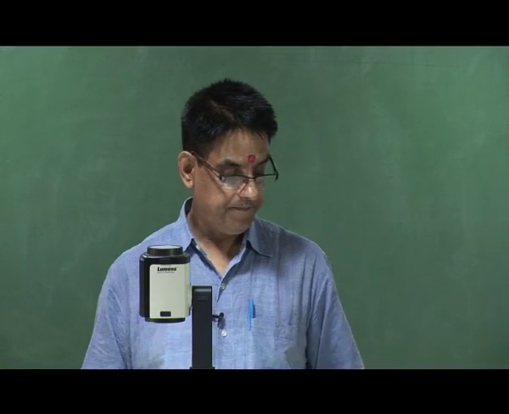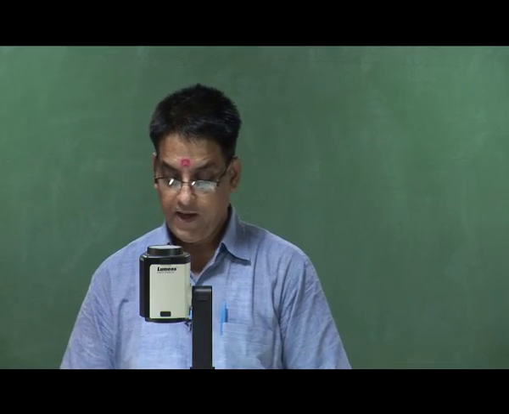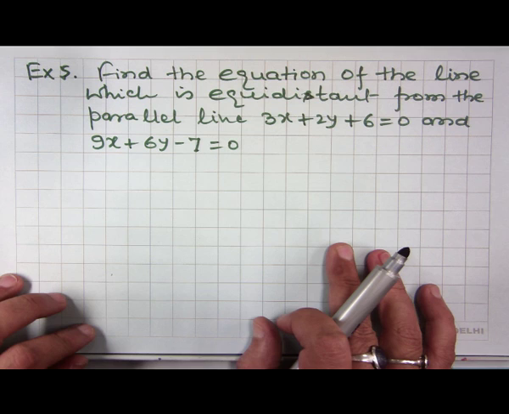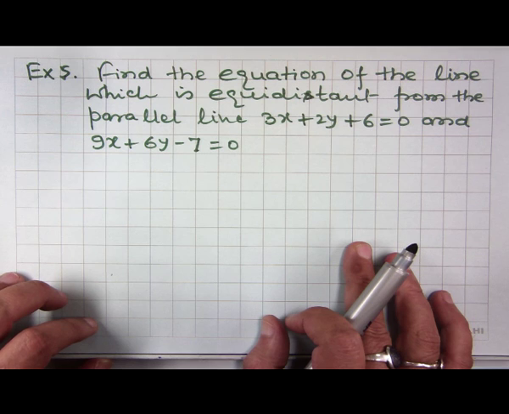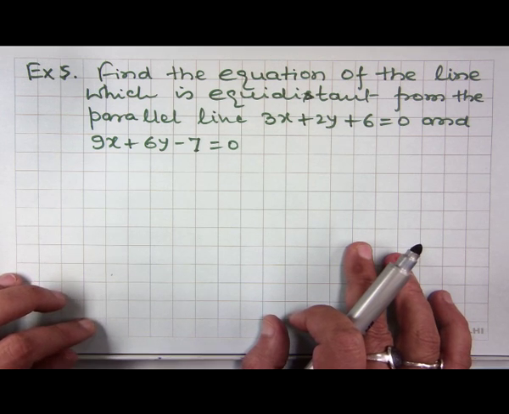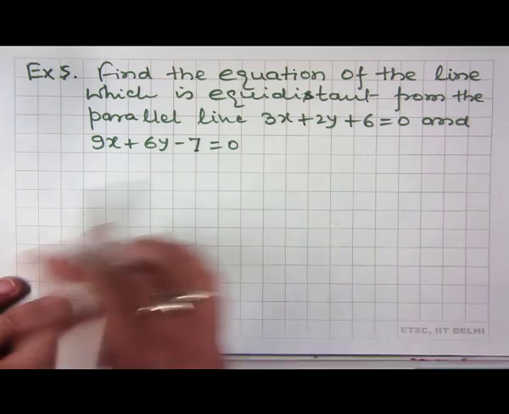Another problem: find the equation of the line which is equidistant from the parallel lines 3x plus 2y plus 6 equal to 0 and 9x plus 6y minus 7 equal to 0.